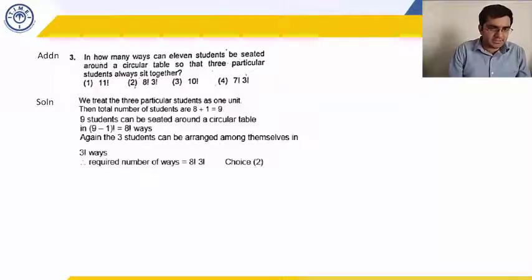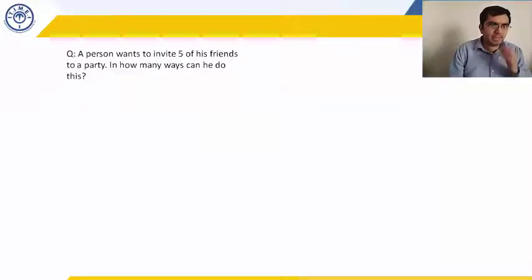Okay, let's proceed. You have already seen this kind of question before. A person wants to invite 5 of his friends to a party. In how many ways can he do this? Let's take the first friend.